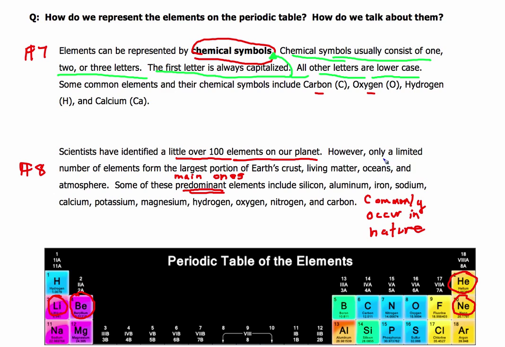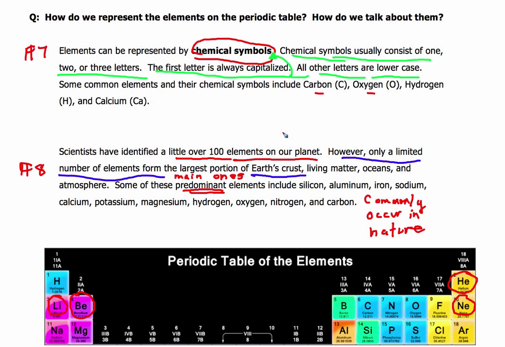So there's really not a whole lot. So let's take our blue marker. There's not a whole lot to mark in these two. These are really kind of summary paragraphs covering what we've already talked about. And so the main idea here that we really want to make sure we have underlined is only a limited number of elements actually form the largest portion of Earth's crust.